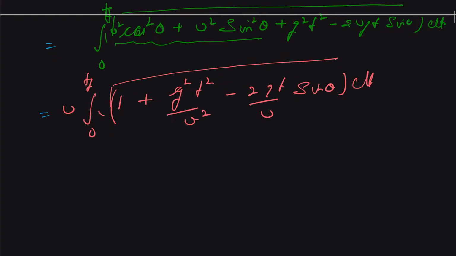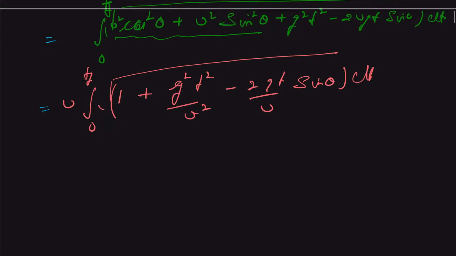Okay, so therefore let us assume that our u is equal to v sine of theta minus gt.